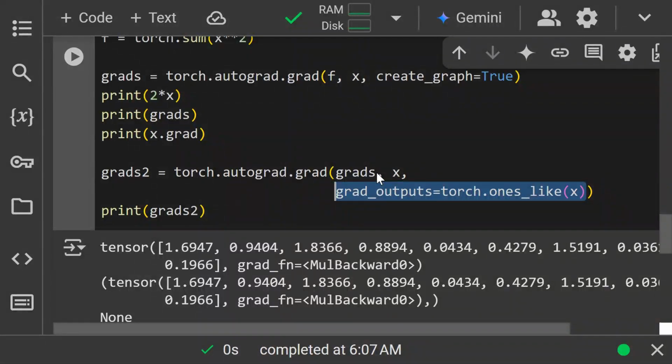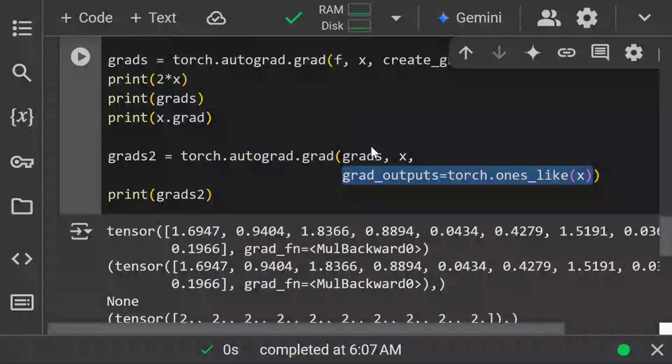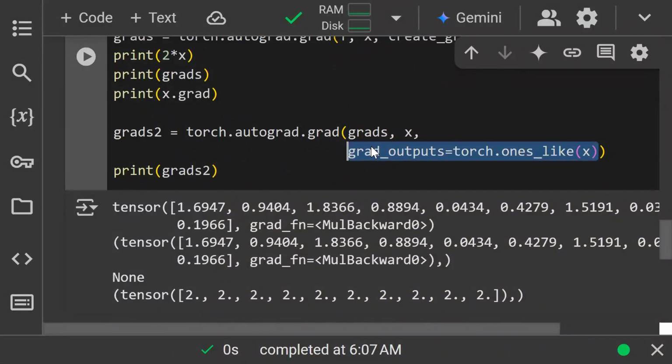We have the function that we're taking the derivative of, and as we saw, that second derivative was all filled with twos. And that's how we got the result.